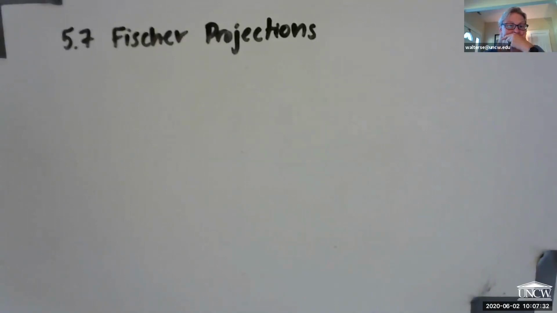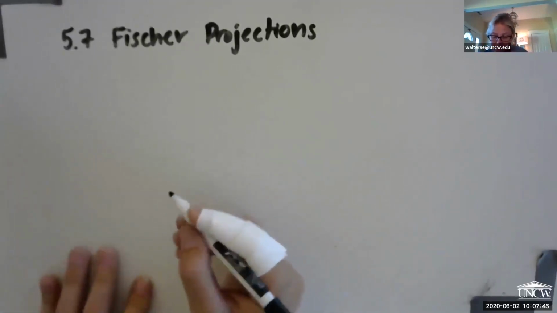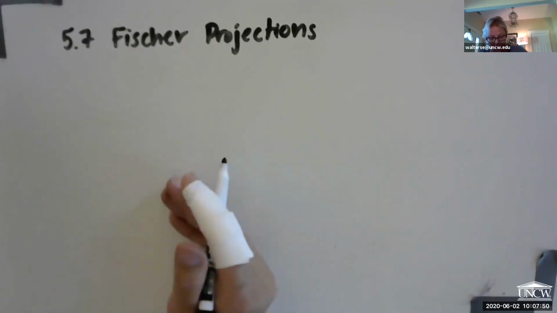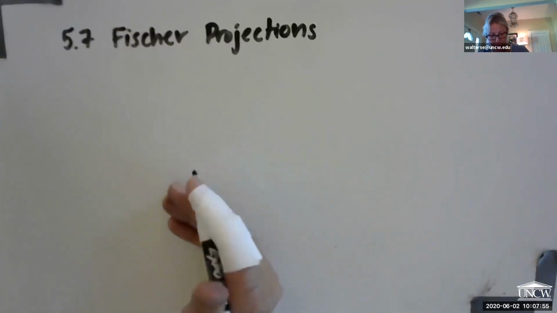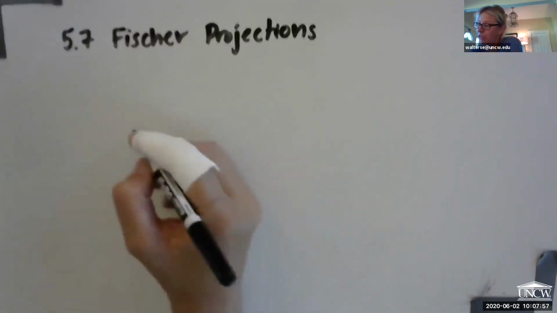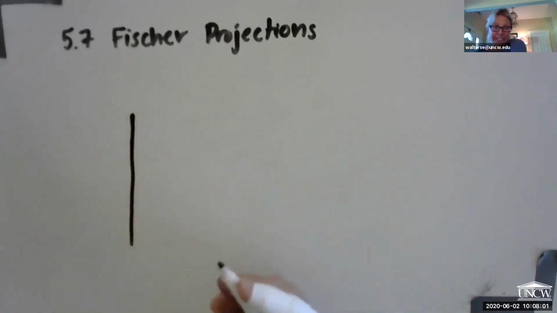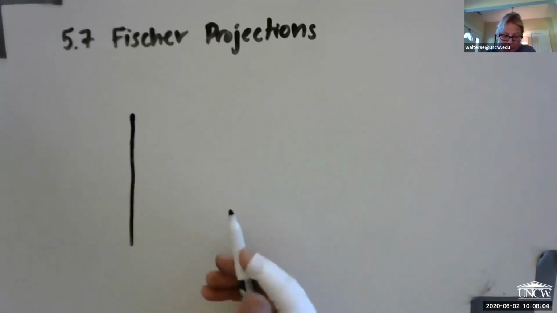Okay, great. So Fischer projections, these are really common in biochemistry to show sugars, starches, and complex carbohydrates. So I'm just going to show you what one looks like, and then we'll do an assignment on it. It's going to have just two chiral centers. Your carbon chain is shown as a vertical line.